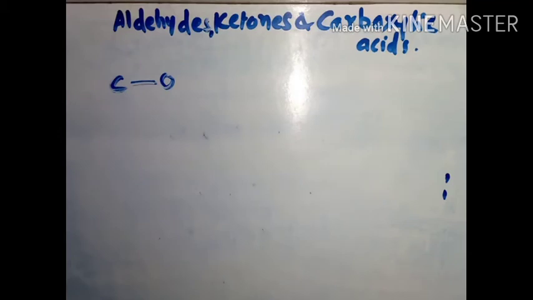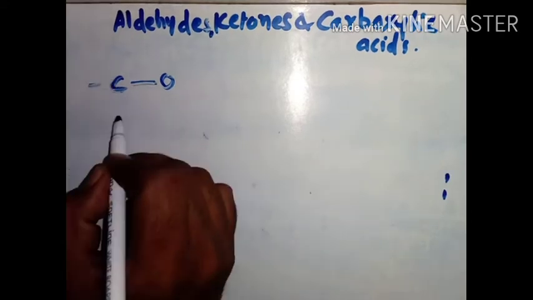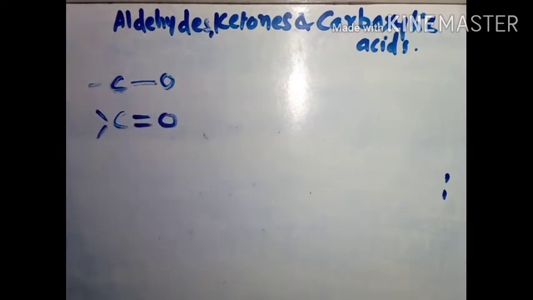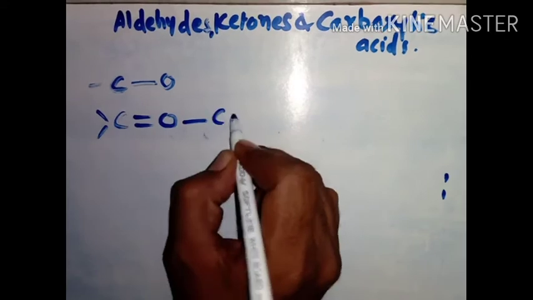In this chapter, we are going to study the organic compounds containing the carbon oxygen double bond, that is C double bond O. This carbon oxygen double bond is called as carbonyl group.